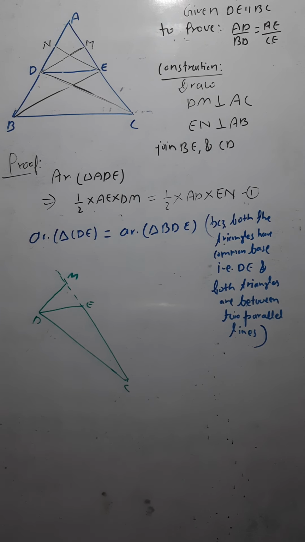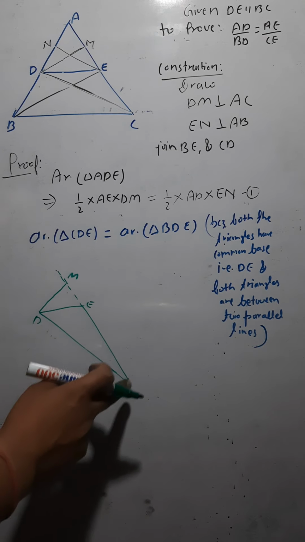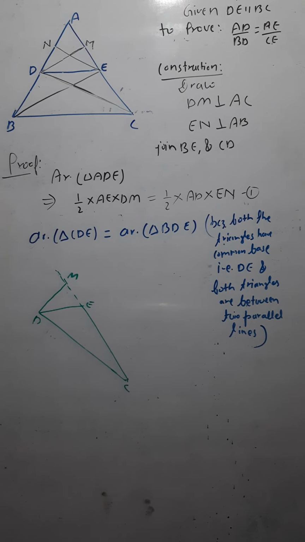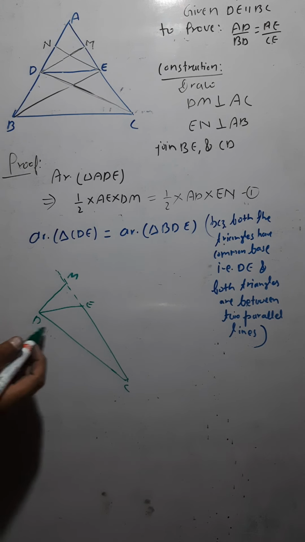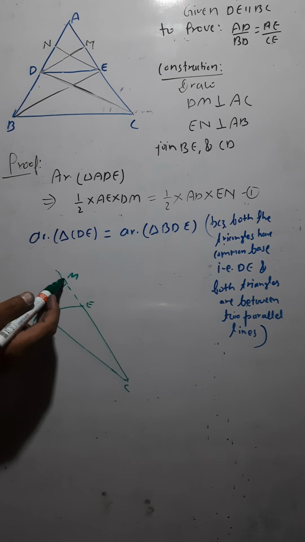So if you want to find out the area of this triangle CDE, what are you going to do? So area of the triangle CDE would be equal to 1 by 2 into base. This is the base, because the perpendicular is on the base there.